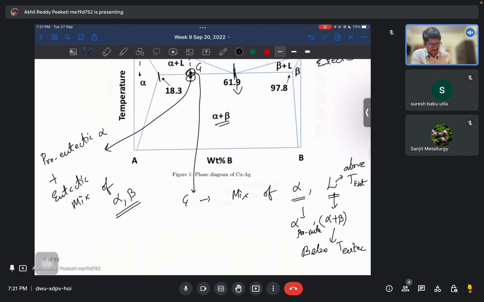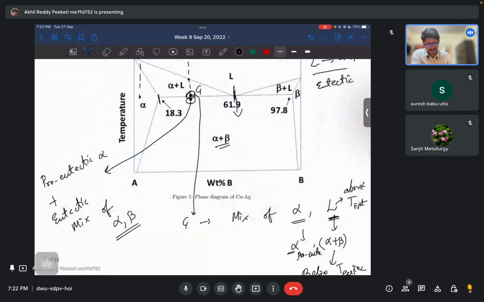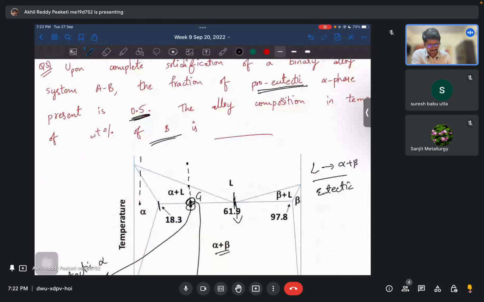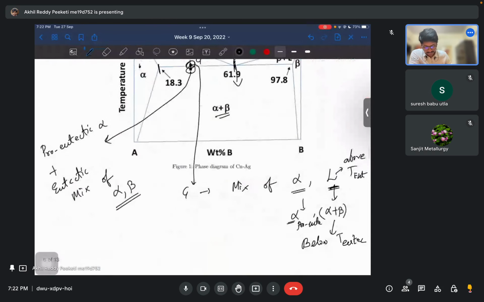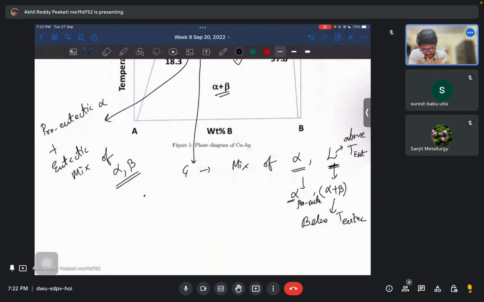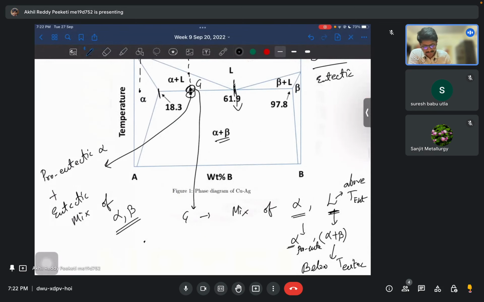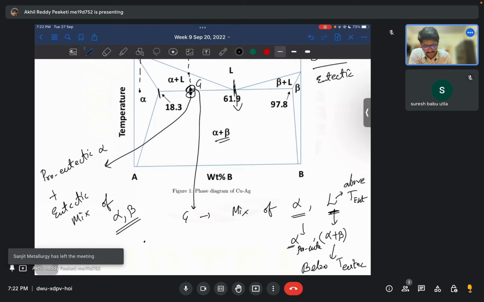Okay. Now it is given this is 50% of the total thing. So that actually means just above the eutectic line, the alpha should be 50% and the rest of the liquid should also be 50%, right? Because it's given proeutectic alpha phase is 0.5 of the total thing. So that means if it is 0.5 exactly, you are exactly at the midline.